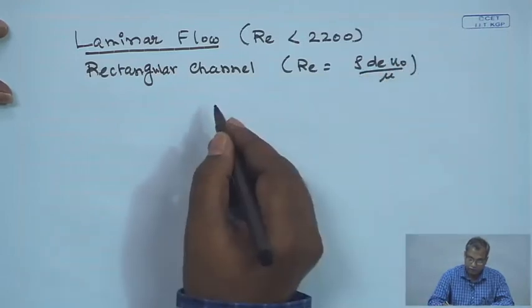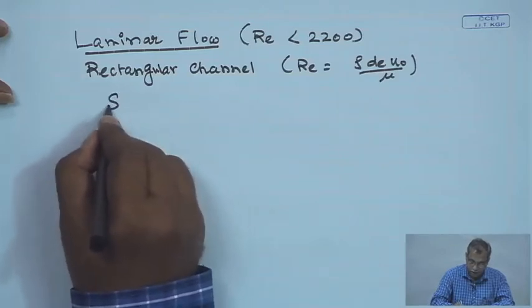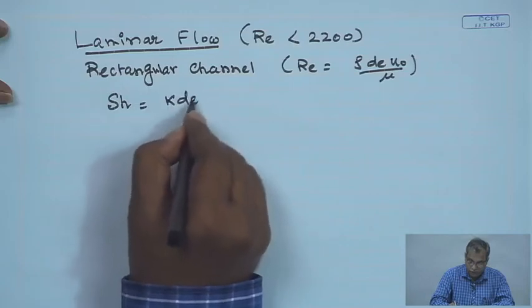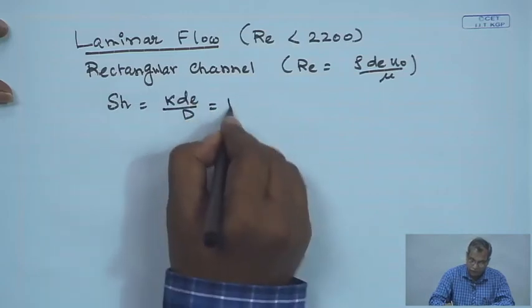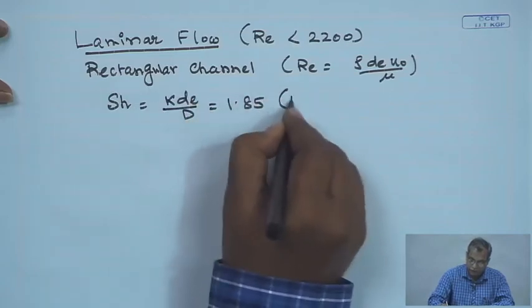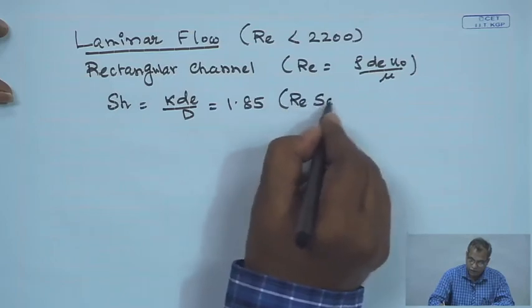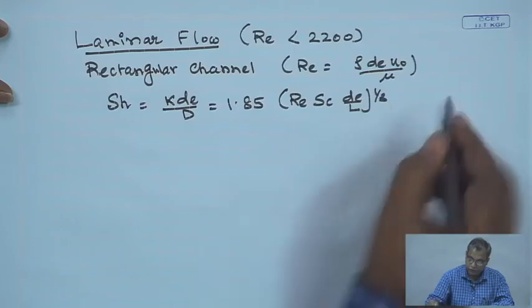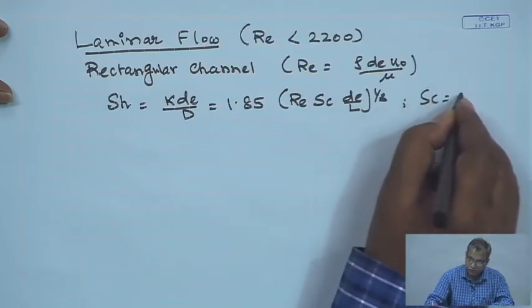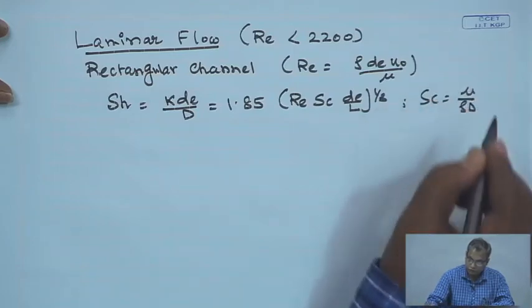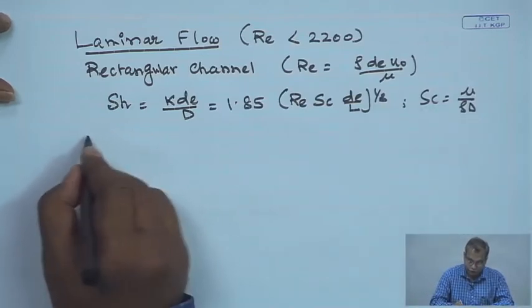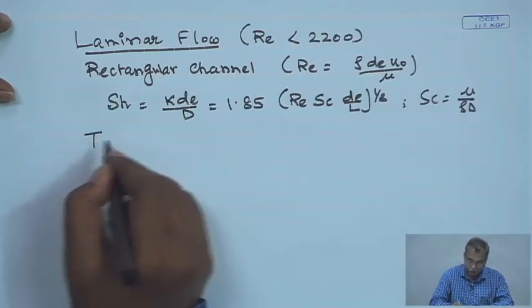That is the definition of Reynolds number, and the mass transfer coefficient will be estimated from k d e by D equal to 1.85 (Re Sc d by L) raised to the power 1 upon 3, where Schmidt number Sc is equal to mu by rho D.